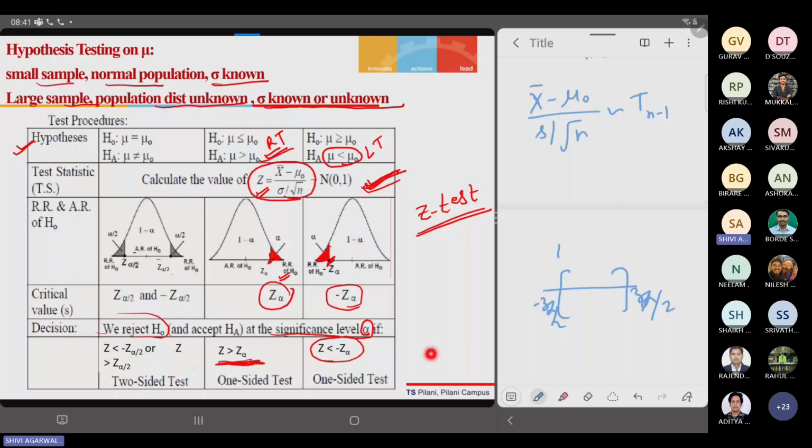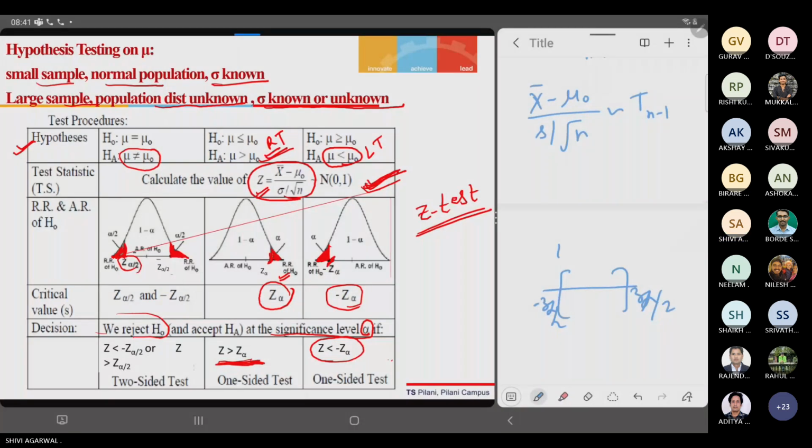Okay. Now we come to the two-tail problem. Two-tail when mu is not equal to mu naught. At that time we are calculating Z, and these are the two rejection regions. So this is Z alpha by 2, and the area is alpha by 2 on the right side, and on the left side it is also alpha by 2. So this value is Z alpha by 2. Okay.